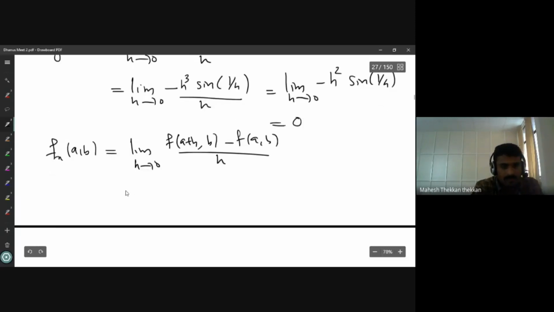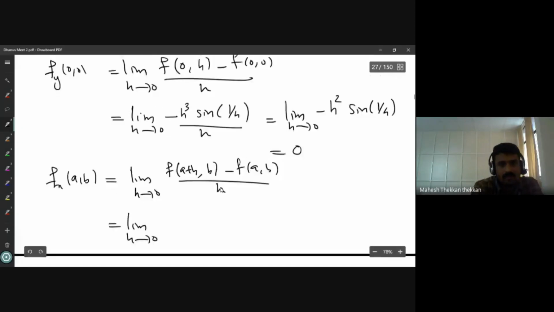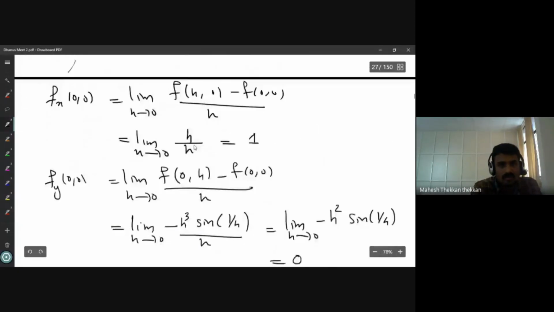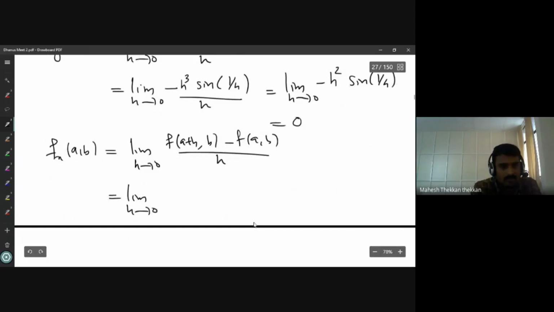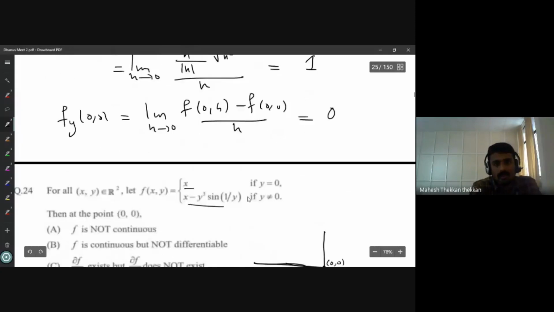So you can just compute it. This will be equal to the limit h tending to 0. What is f(a+h, b)? I will use the case b not equal to 0, so I may mention here b not equal to 0. I have to look at it in two cases. For b not equal to 0, your function value is the second one.